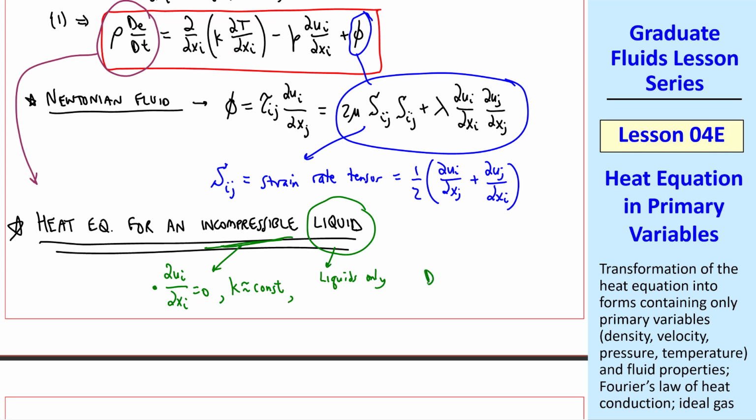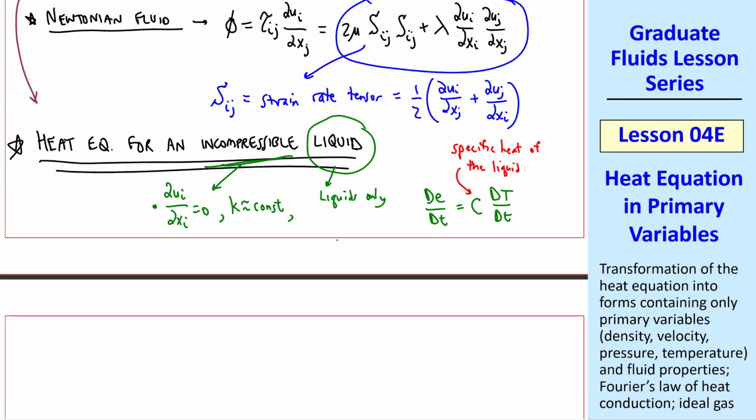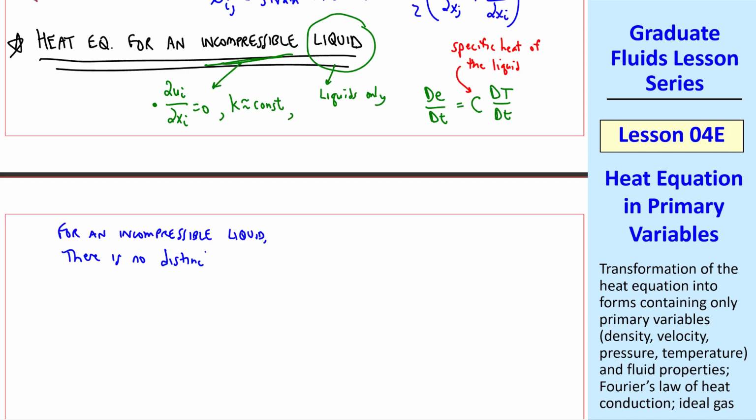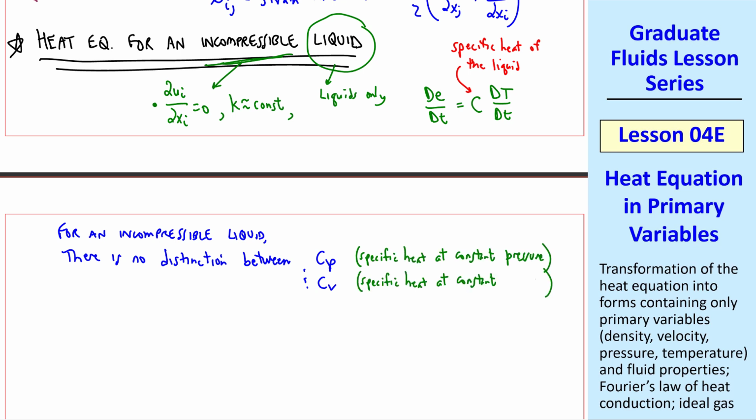And then finally, for an incompressible liquid, dE/dt equals C dT/dt, where C is the specific heat of the liquid. I note to the side here that for an incompressible liquid, there is no distinction between Cp and Cv, Cp being the specific heat at constant pressure, and Cv being the specific heat at constant volume.